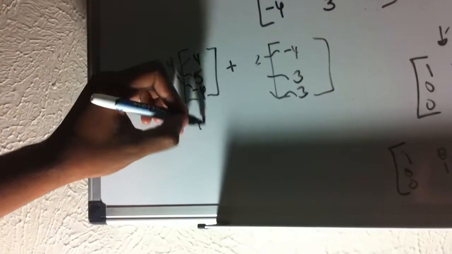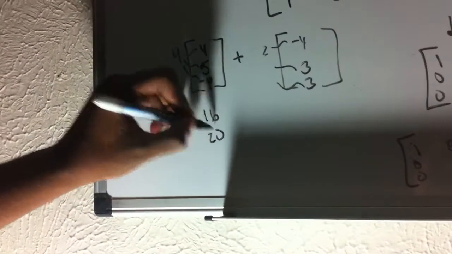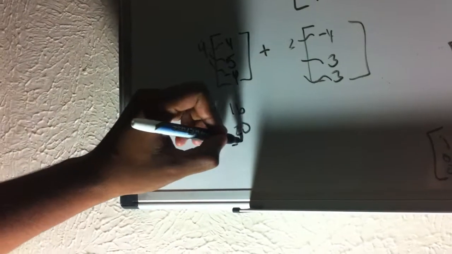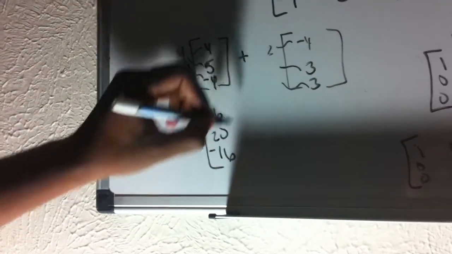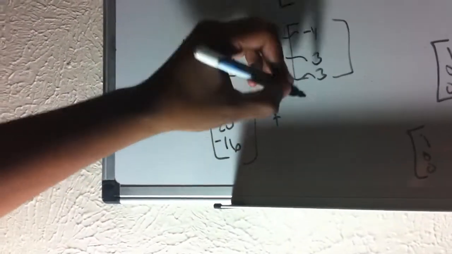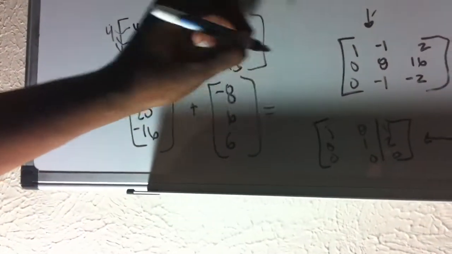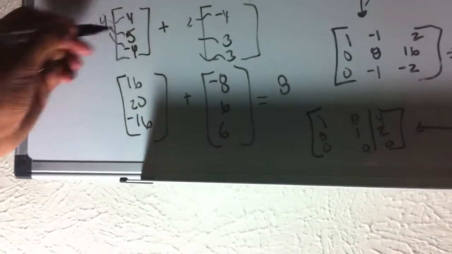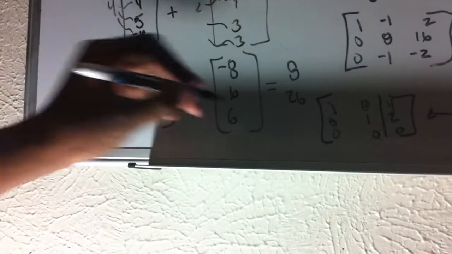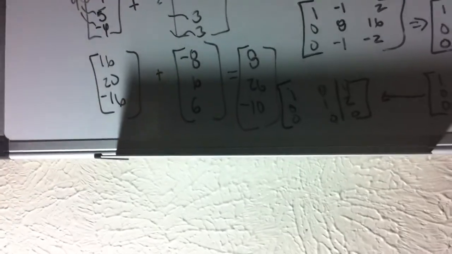We're gonna get 16, 20, and negative 16. Plus negative 8, 6, and 6. And we're gonna get 8, 26, and negative 10. Hey, see, we got our same answer as before.